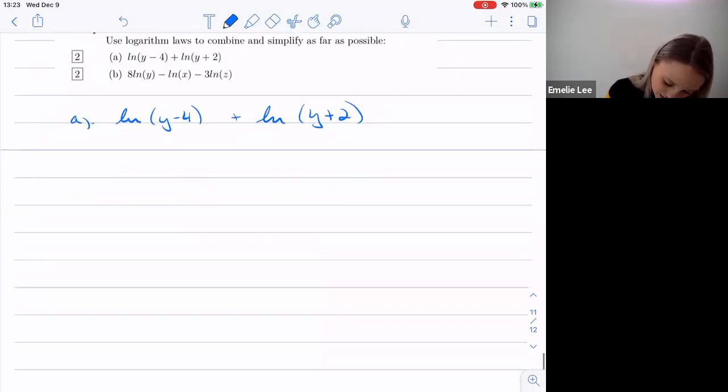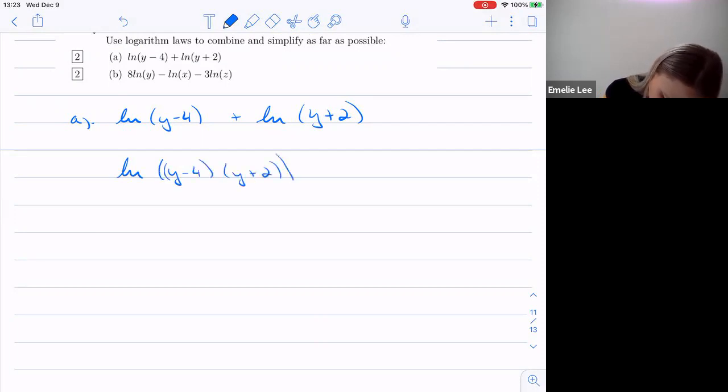Logs of the same base, if I'm adding them, I can combine them by multiplying this out. So this is the same as the log of y minus 4 times y plus 2.